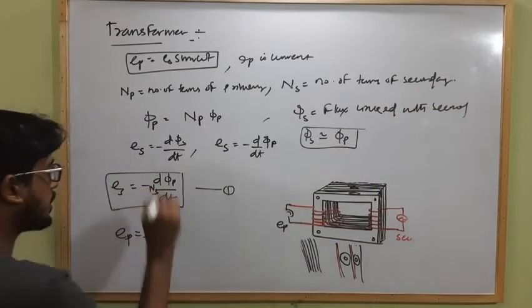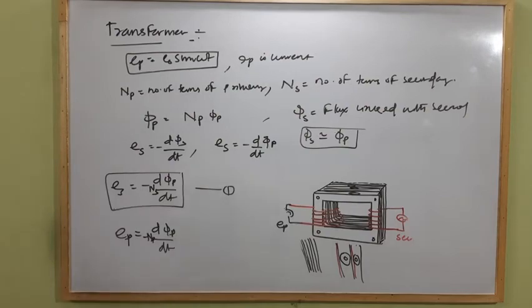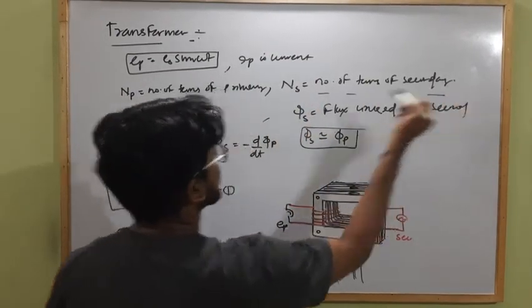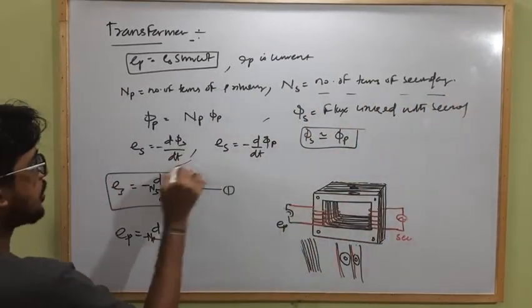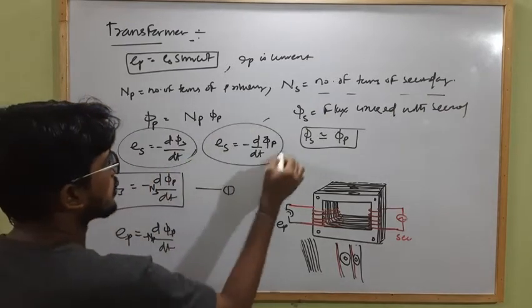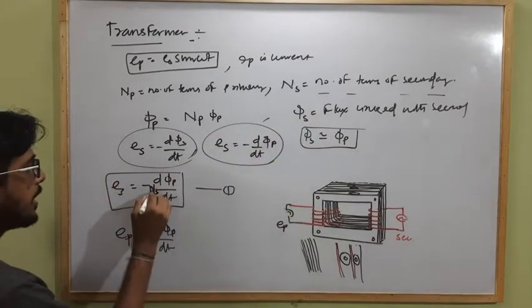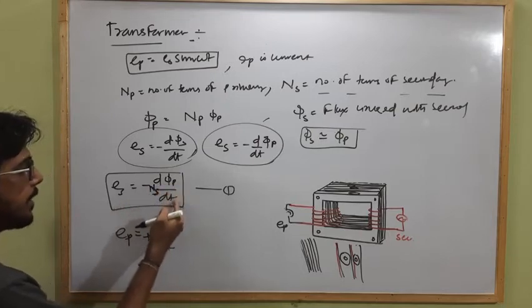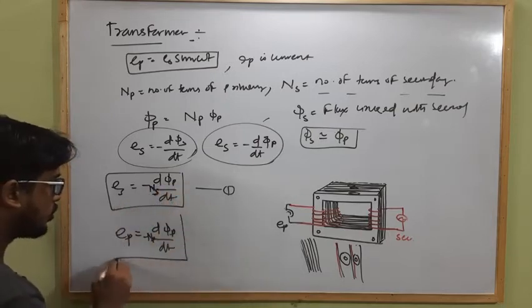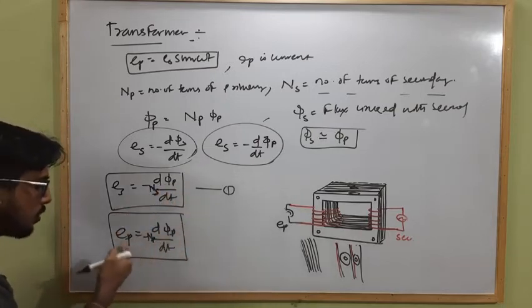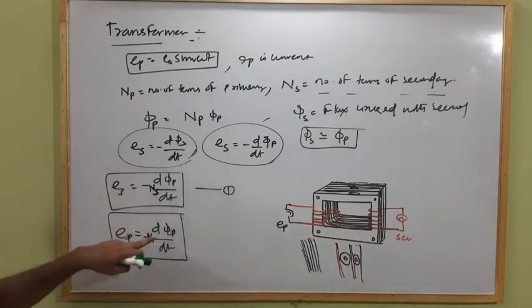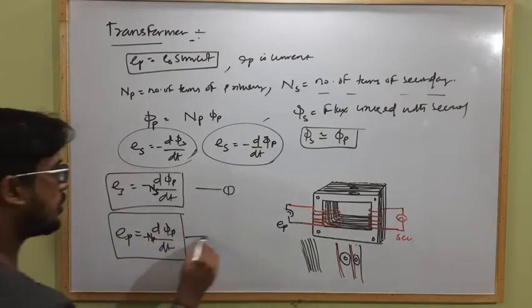This much into Ns. Clear? Ns is the number of turns of the secondary. So due to one turn, this will be the flux, which is equal to this much. So the total will be Ns into d phi p by dt, and the total flux produced by the primary, due to which the total EMF EP equal to minus NP d phi by dt. Let it be equation 2.